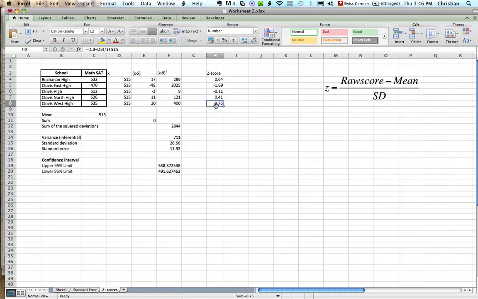This should be 3/4 of a standard deviation. 1 would be 1 standard deviation, which would be 26. 0.75 should be 3/4 of a standard deviation. So let's say 26 times 0.75 should be 20.